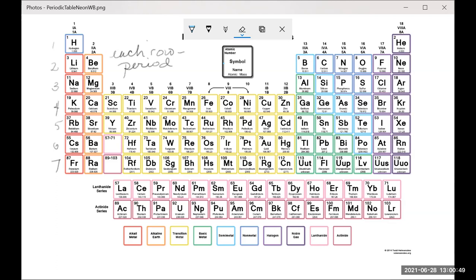Now that we have all our periods established, what else do we need to talk about? Well, also what we need to talk about are our families. So the column is a group or a family.